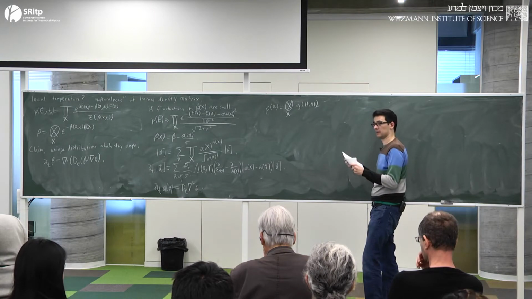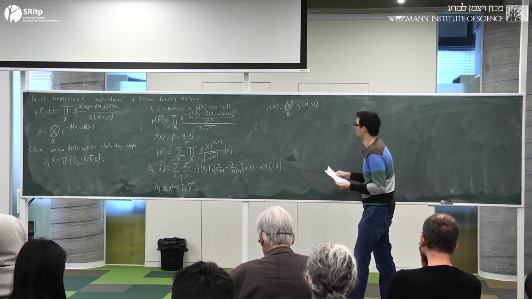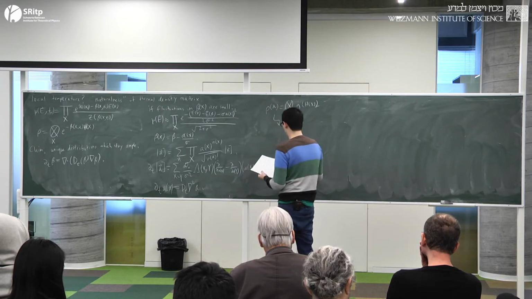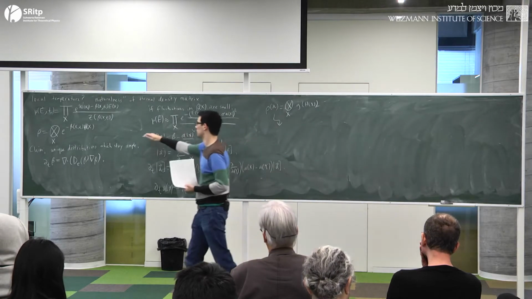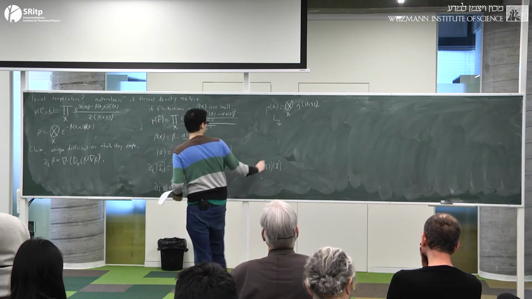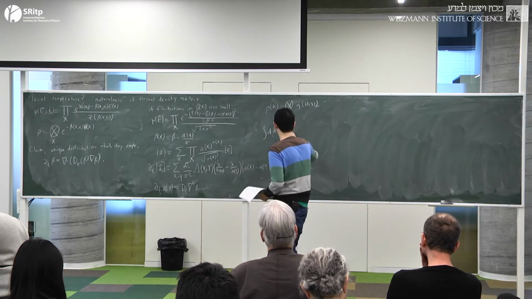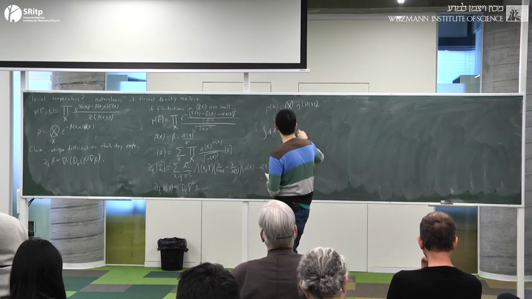If it's not exponential, what will happen is this state will evolve into some horrific mixture of these kinds of local thermal density matrices. So you'll get something that looks kind of like this.